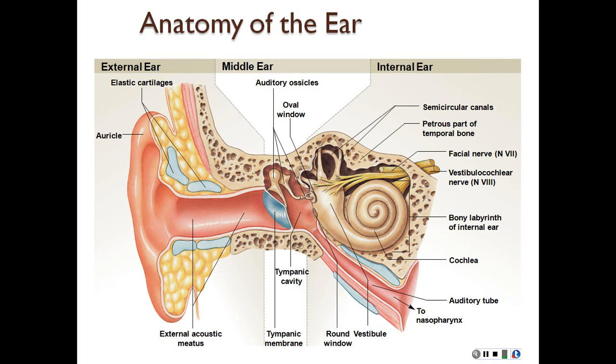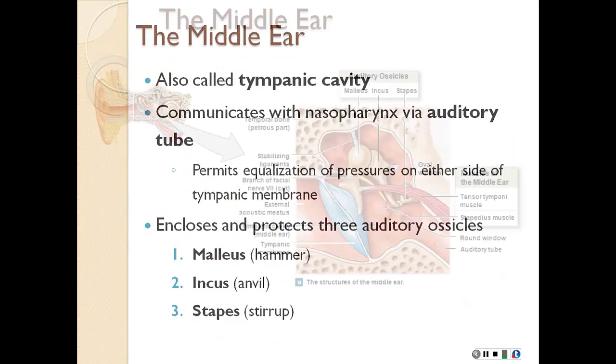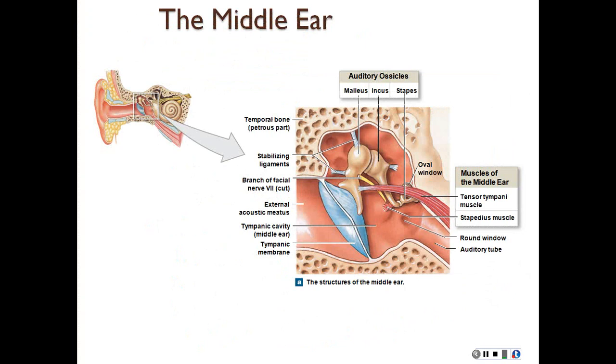And what's connected to the tympanic membrane? The ossicles, right? So that vibrates the ossicles, which vibrates the oval window. And there, once the signal gets inside, I'll show you all that here in a moment. Hopefully I have a picture.